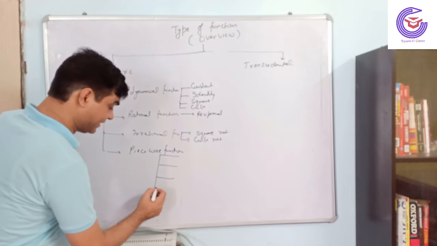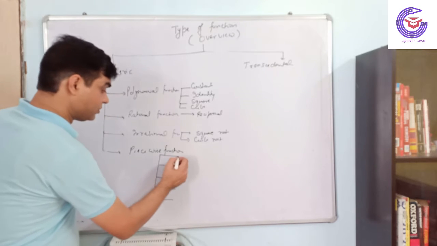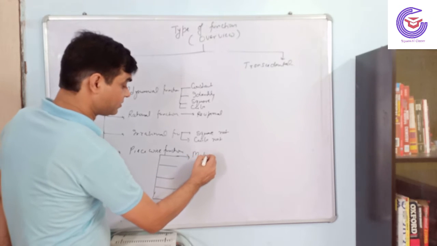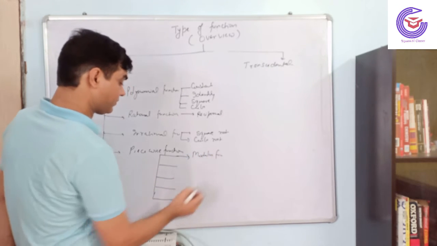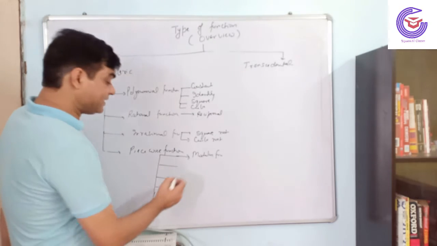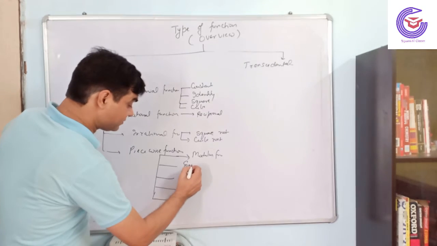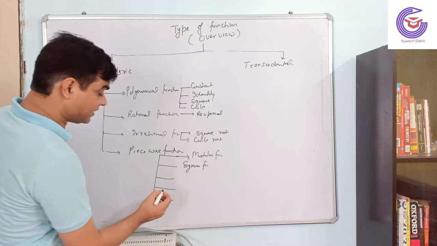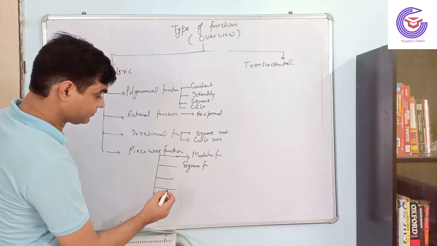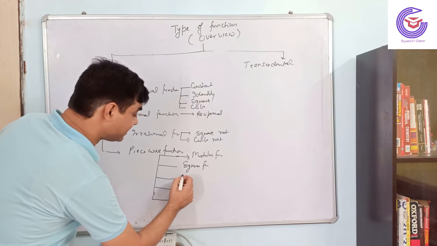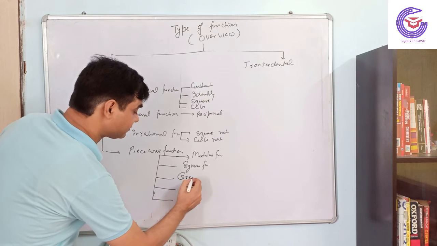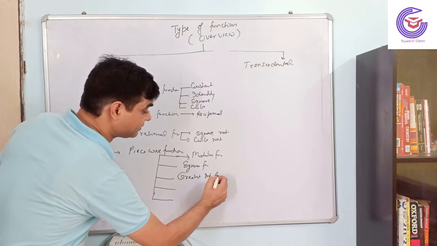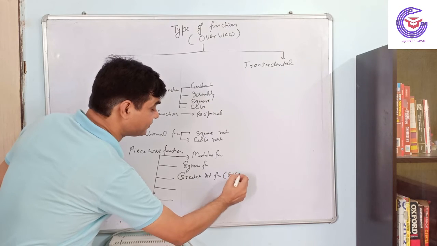The piecewise function is classified into essentially five categories. The first one is your modulus function. The second is your signum function. Then we have greatest integer function, that is called GIF.